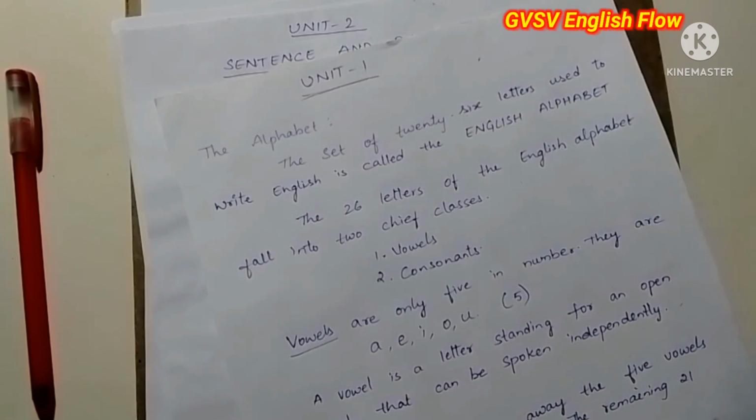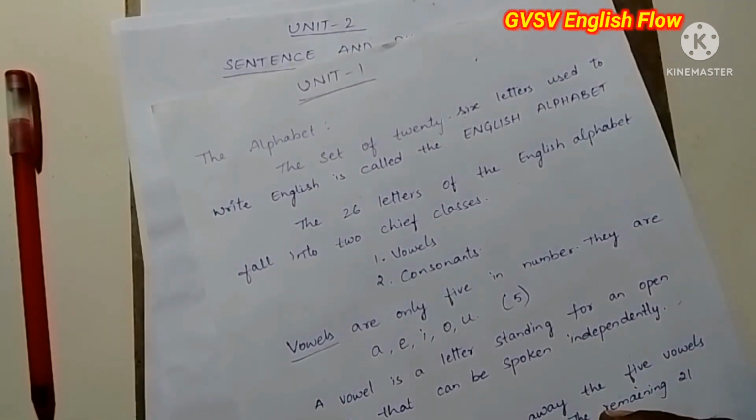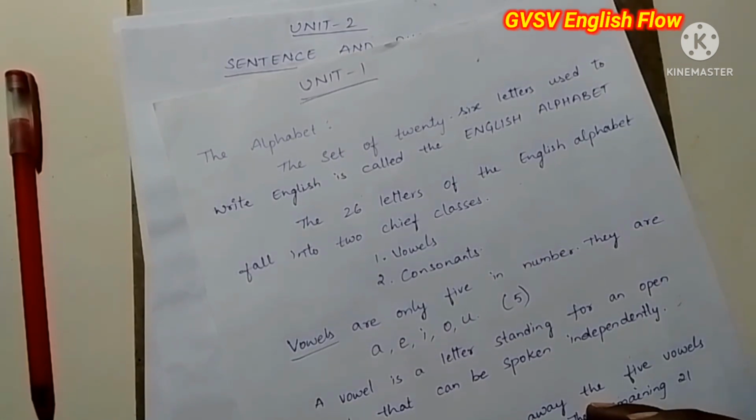This set of 26 letters used to write English is called the English alphabet. Children, don't forget that we never say "alphabets". All the 26 letters combined are called the alphabet. So the set of 26 letters we use in English to write is called the English alphabet.